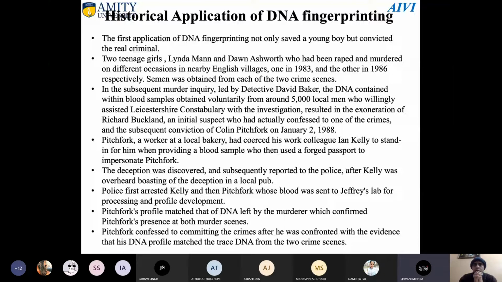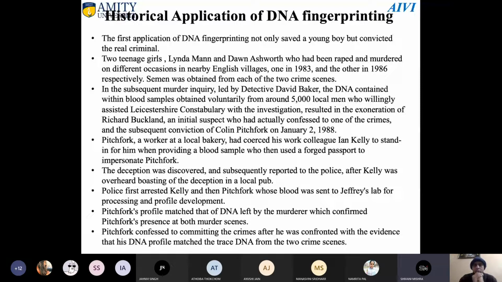So what is the utility of his DNA fingerprinting? His technique saved a young boy from being convicted in 1984, and it also got the real criminal convicted. This is what his story was.